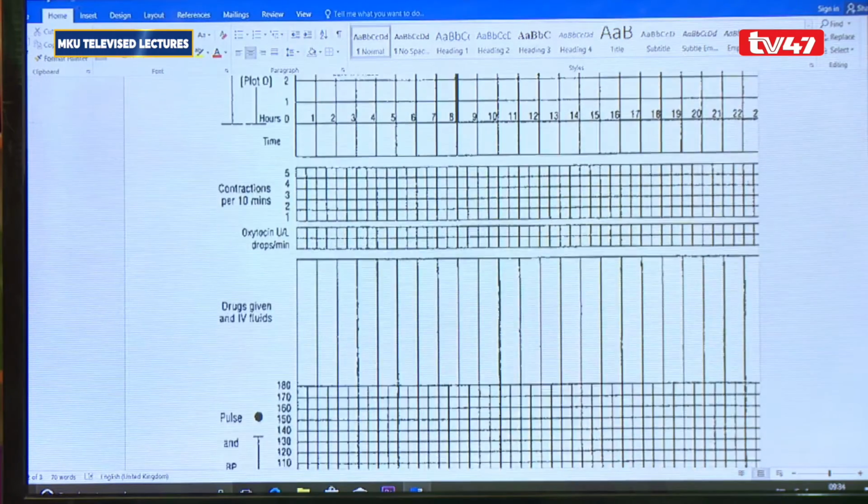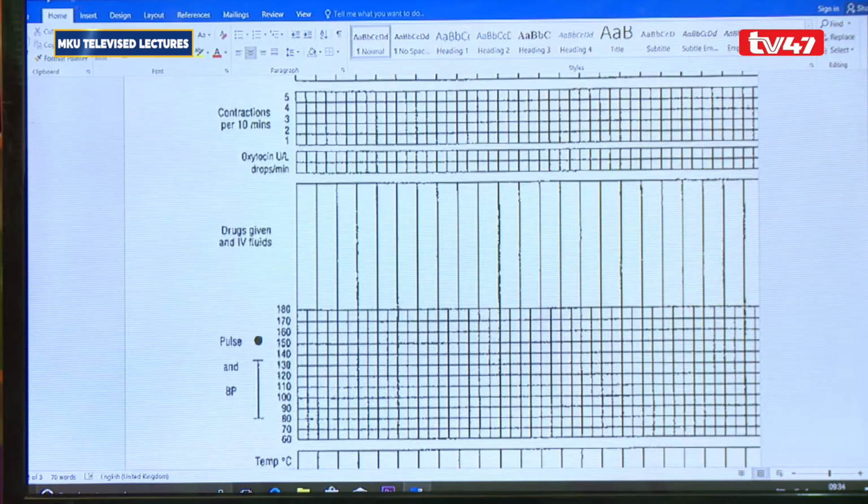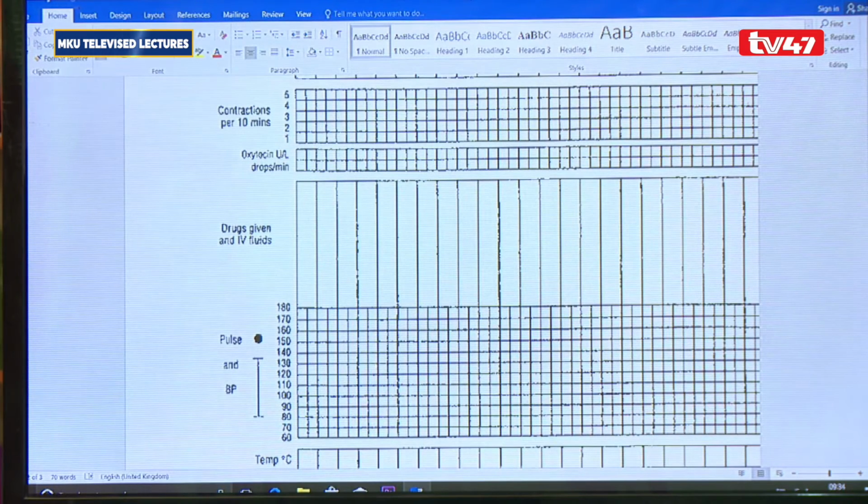The next component is where, as midwives, as we can see there, we measure the contractions. Contractions of the uterus are measured using palpation, using the palm of the hand, and the palpation is done on the mother's abdomen.